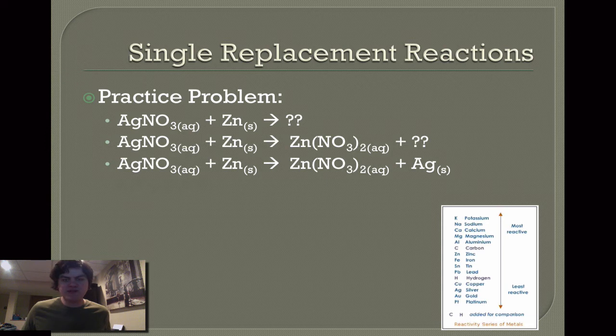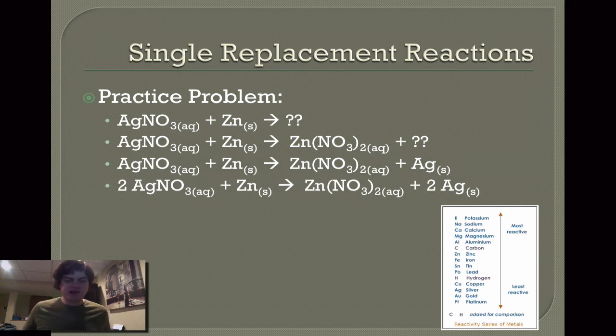So we add solid silver. Simply just taking the atom or element that had been replaced and putting it as its own portion of the equation. Now we need to balance it, which you have become adept at, and so we just need a couple of 2's to get it to work out.